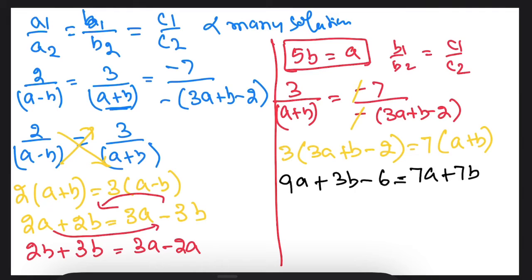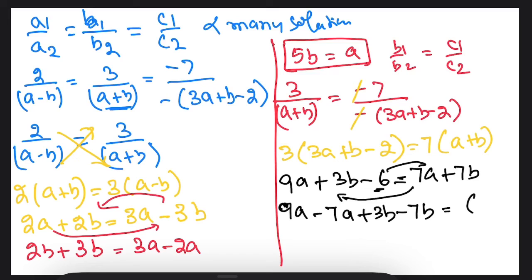Now bring all a's to this side. So 9a minus 7a, then plus 3b minus 7b, and this minus 6 will go to the other side, so plus 6. Now this has become 2a minus 4b equals 6.